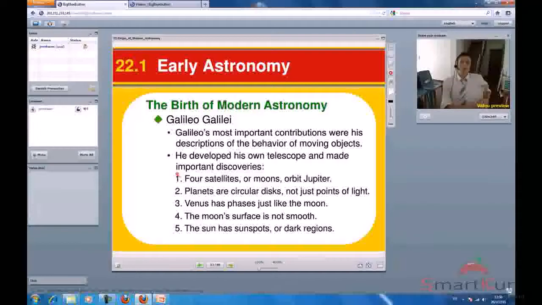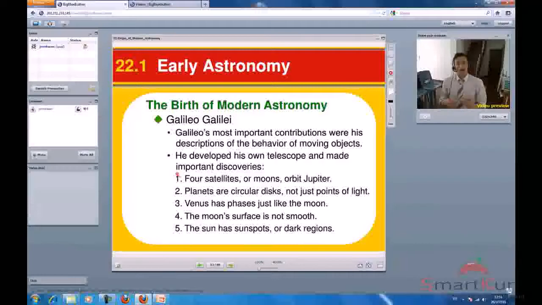His most important contributions, in addition to proving Copernicus right, were his descriptions of the behavior of moving objects. He developed his own telescope and made important discoveries. First, he discovered the moons of Jupiter. So he discovered that these other planets moving around the sun had smaller bodies moving around them, just like our own moon.